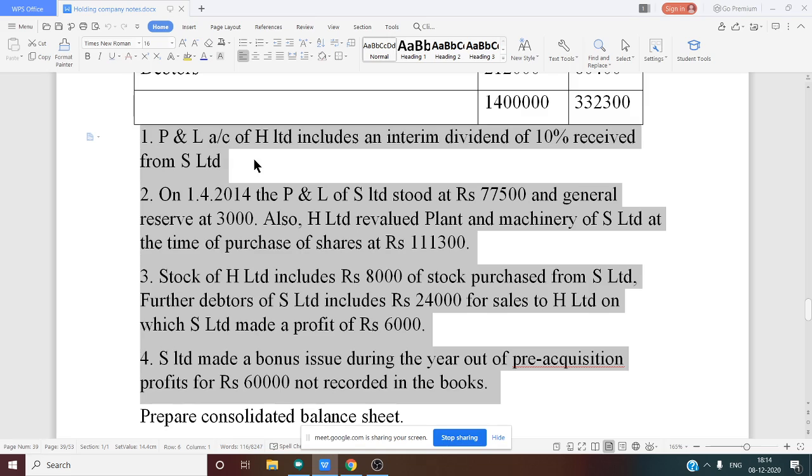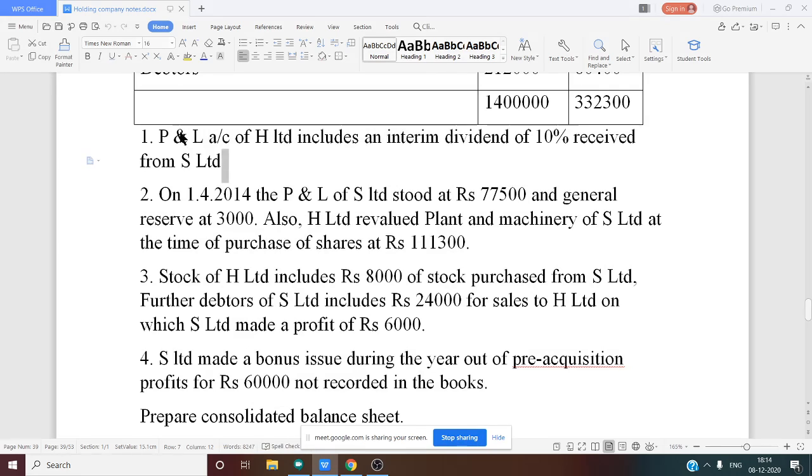So the first thing we have to determine is the capital held by the holding company in the subsidiary company. Next we have to see the paid up value. Why? Because dividend is calculated on the paid up capital. So the paid up capital we want, that we also have to calculate.